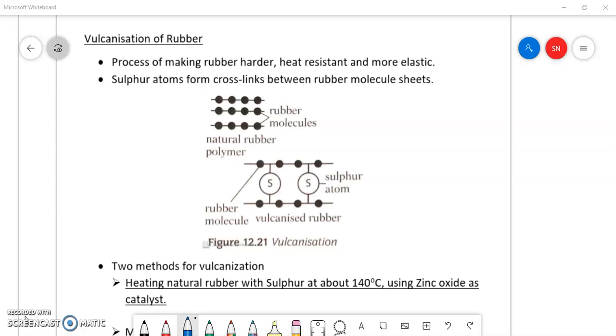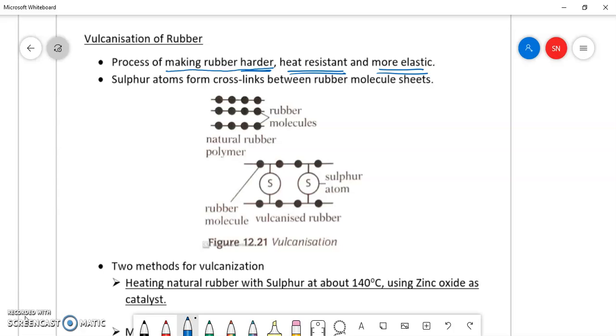So in order to make rubber stronger, to improve its characteristics so that it can be used for various applications, we have this process called vulcanization of rubber. The whole idea of vulcanization is that it is a process of making rubber harder, heat resistant, and also more elastic.